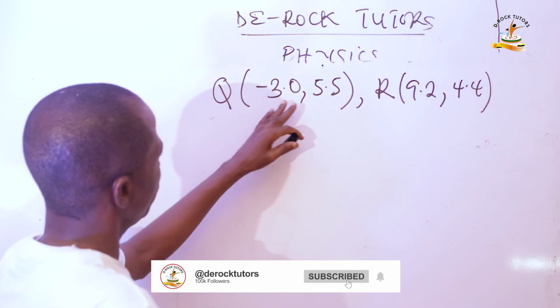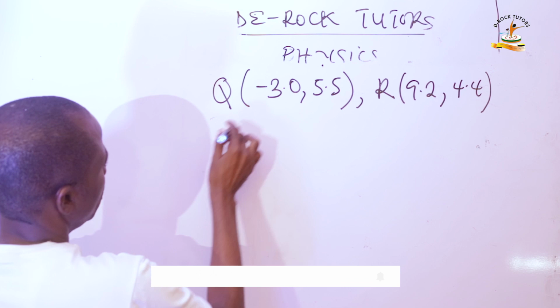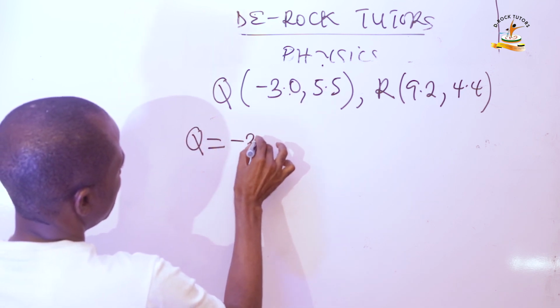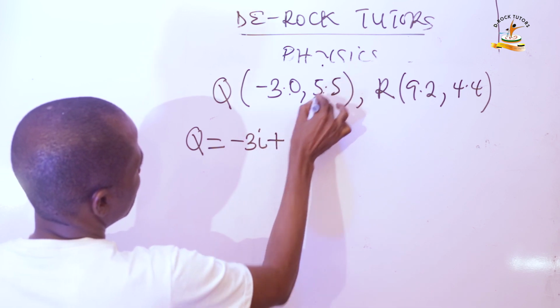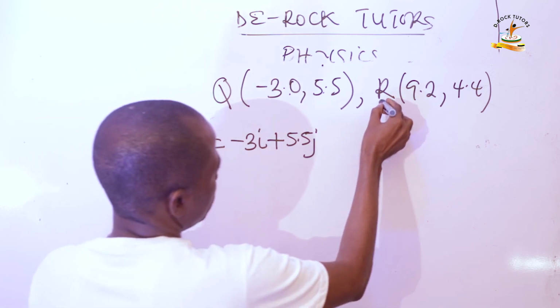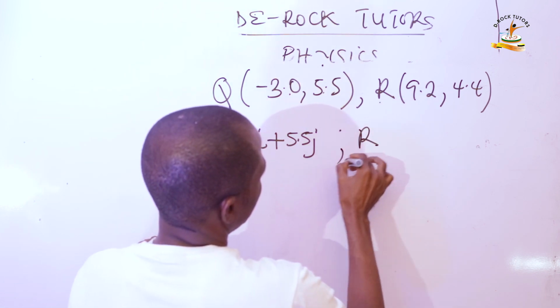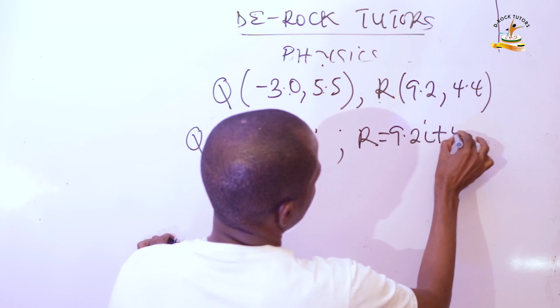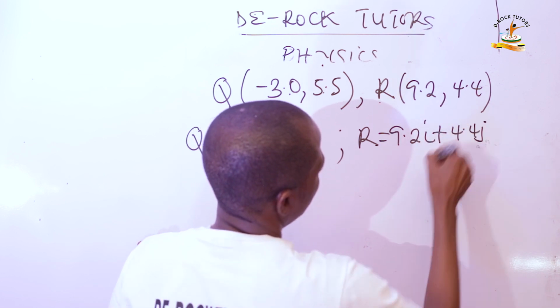Now, if you convert this into vector form, Q now becomes minus 3I plus 5.5J. The same thing, R now becomes 9.2I plus 4.4J.